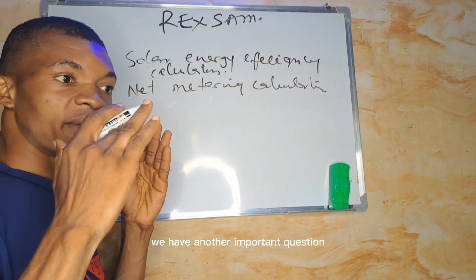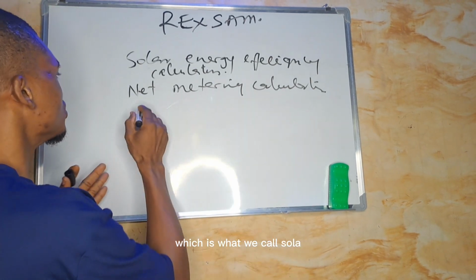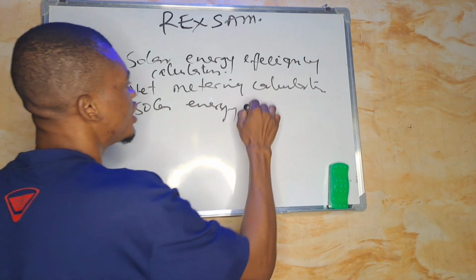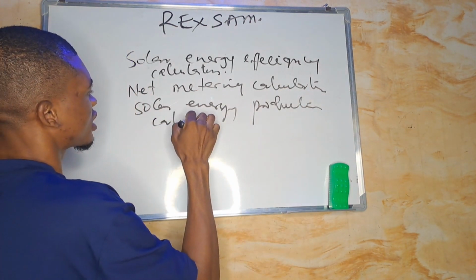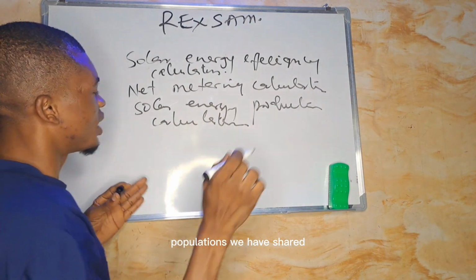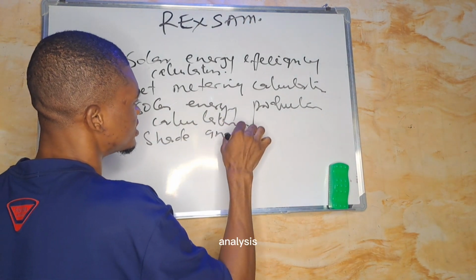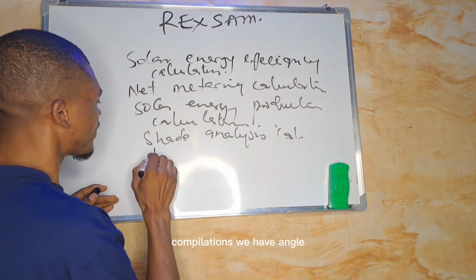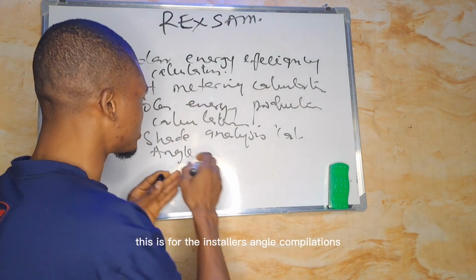We have another important calculation that you need to equally understand, which is what we call solar energy production calculations. We have shade analysis calculations. We have angle calculations. This is for the installers.